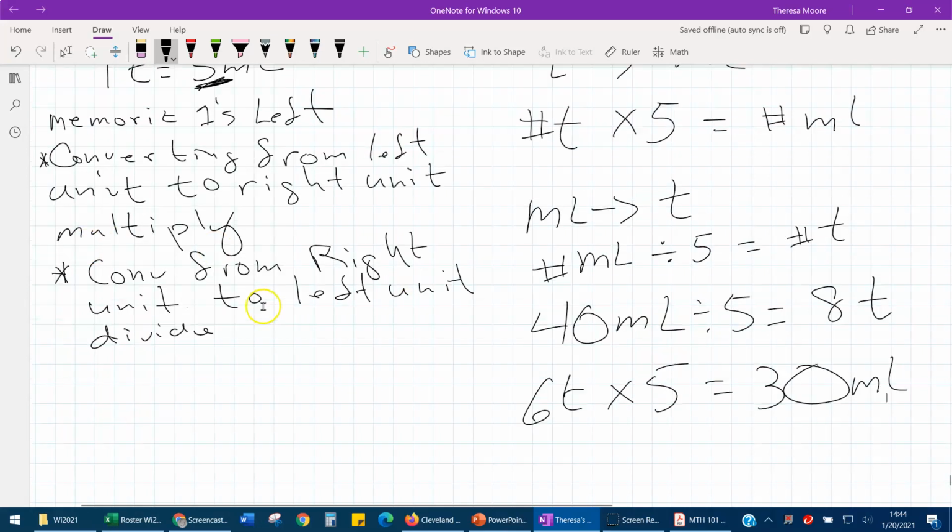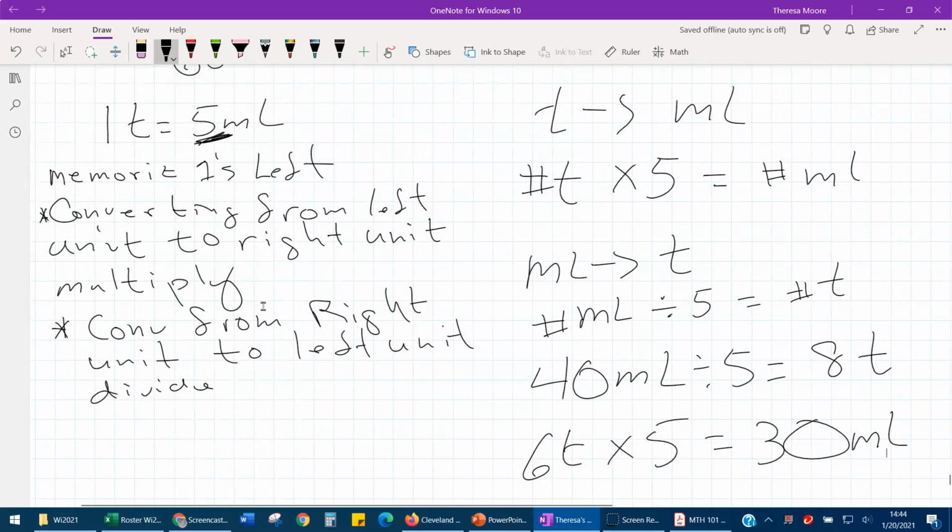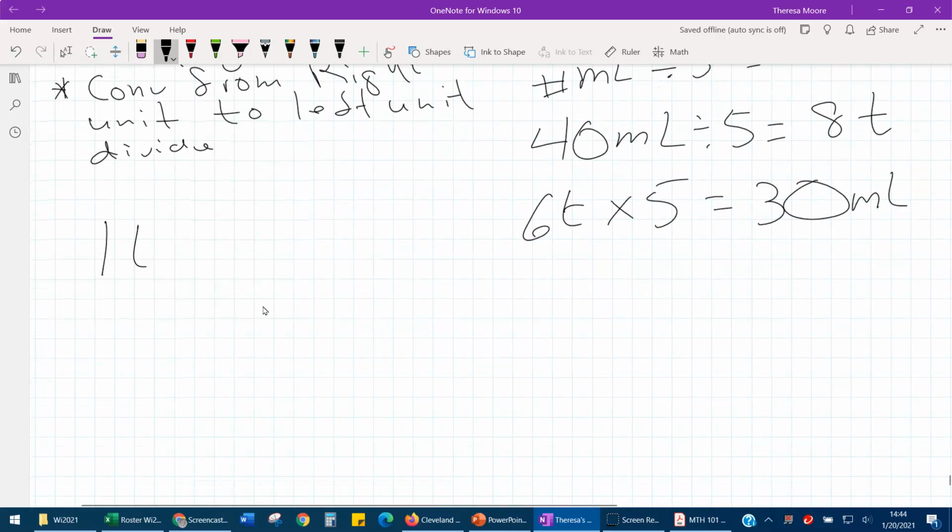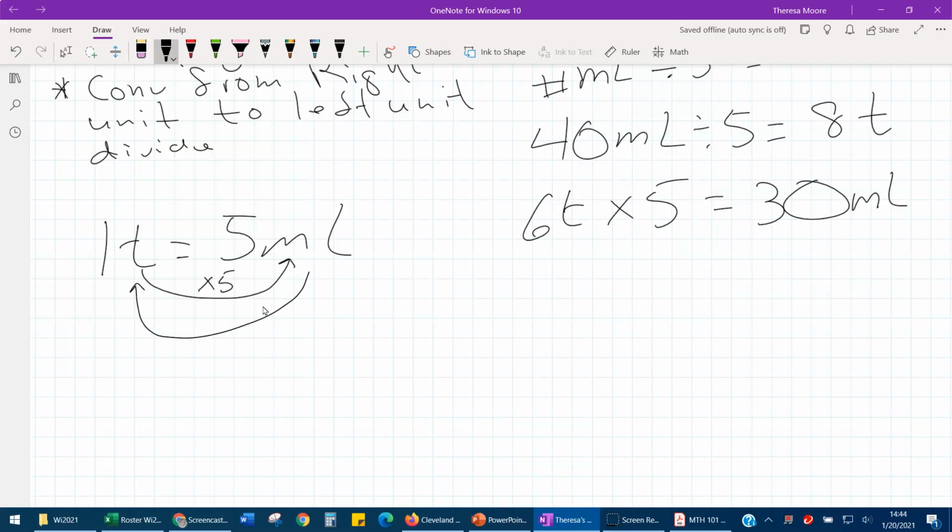So as long as you memorize the ones on the left, 1 teaspoon equals 5 milliliters. If you're going from teaspoon to milliliter, you multiply by 5. If you're going from milliliter to teaspoon, you divide by 5.